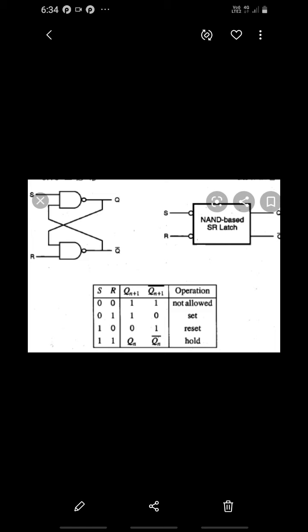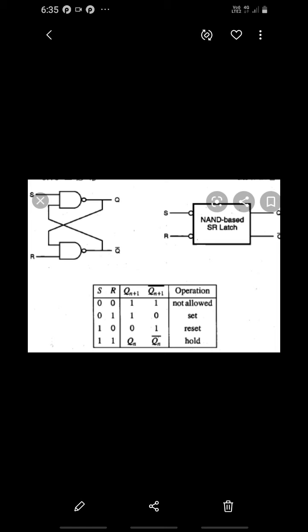This is Q and this is Q bar. And the symbol of the NAND is shown above, that is S and R are the inputs, and Q and Q bar are the outputs.